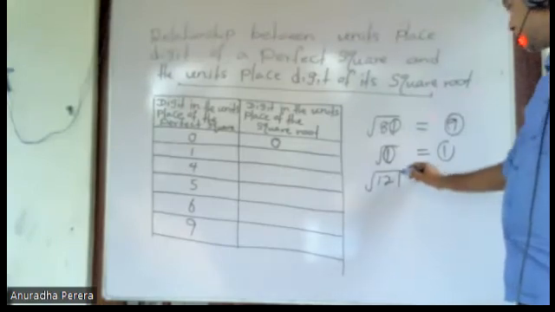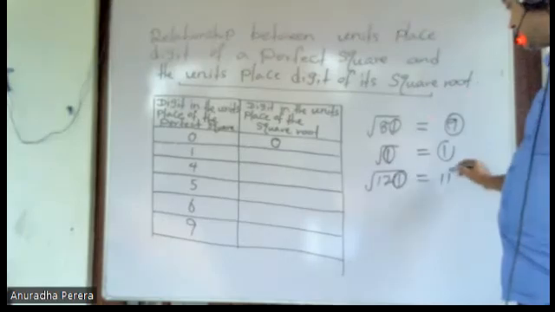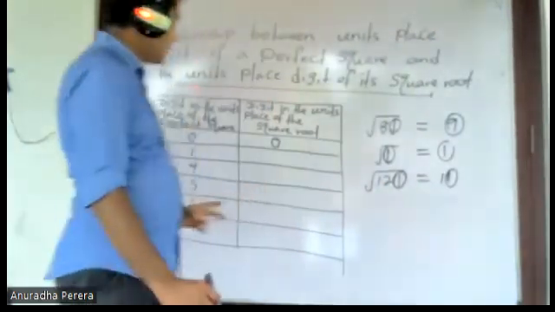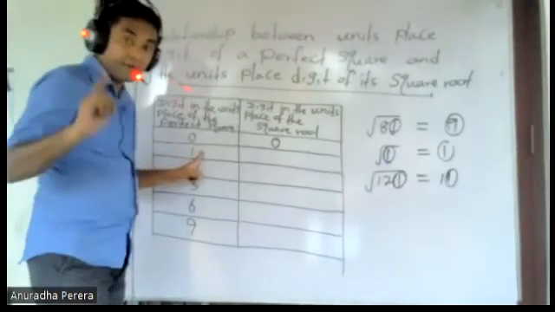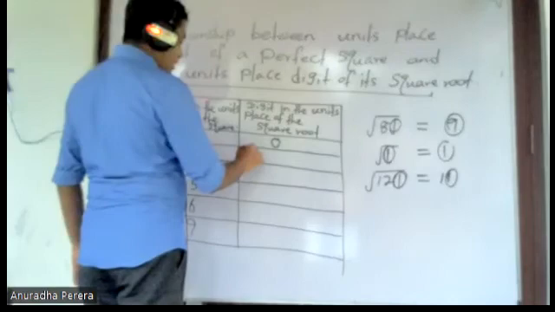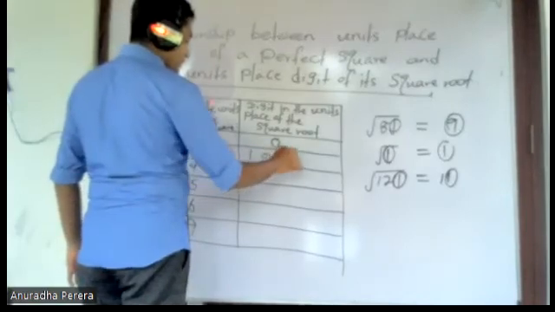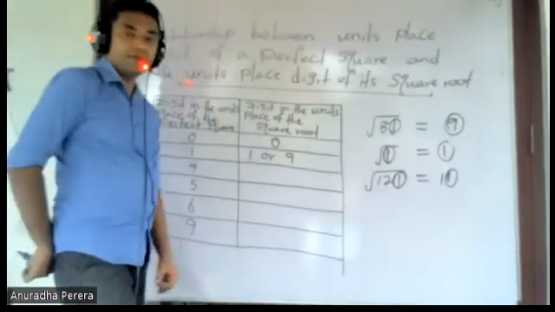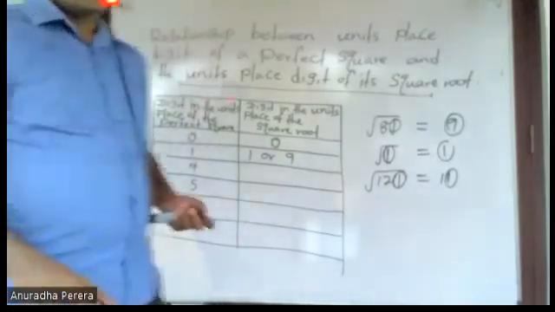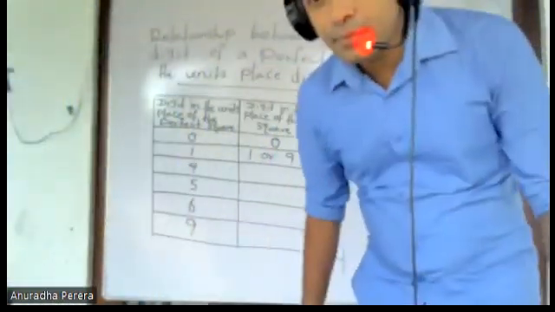When the unit place is 1, the unit place of the square root is 1. Then there are two values. When the unit place of the perfect square is 1, the unit place of the square root is 1 or 9. It must be one of those two.